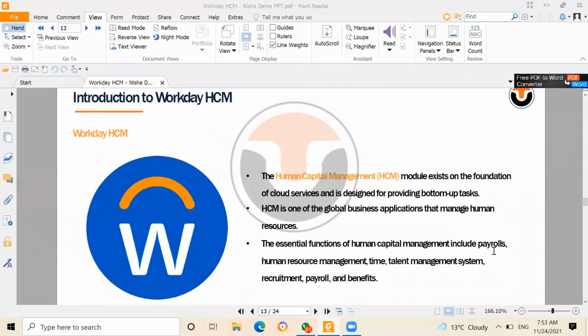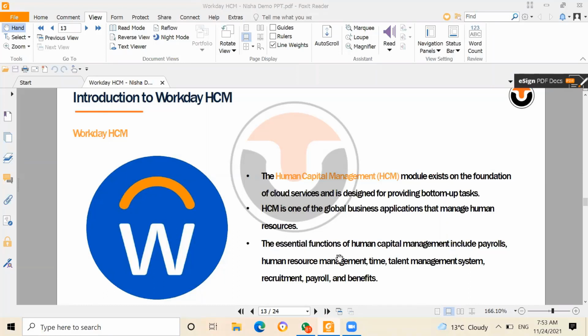Always remember, if you talk about payroll, then org, staff, time management are by default indirectly added in the configuration, because without configuring those things you cannot generate payrolls. But the important part is payroll, yes, and their time management systems, recruitment, payroll management.